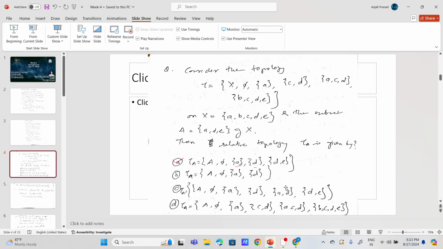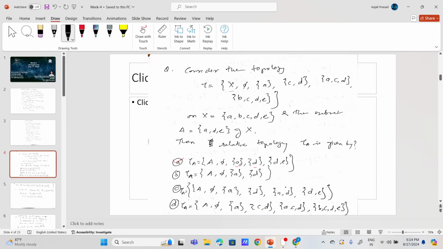So by taking the intersections, what are you getting? See, just take one by one all of these open sets and take its intersection with A.